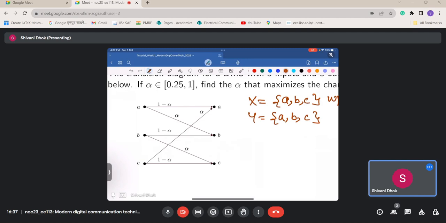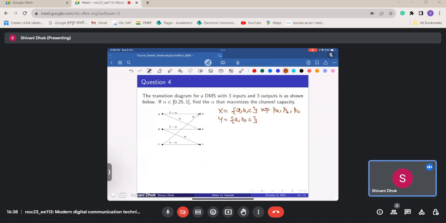The probability of receiving a given a was transmitted is 1 minus alpha. The probability of receiving b given a was transmitted is alpha. Similarly, b can be received as b or as c, and c can be received as c or as a. So this is the transition diagram, and we need to find the channel capacity.